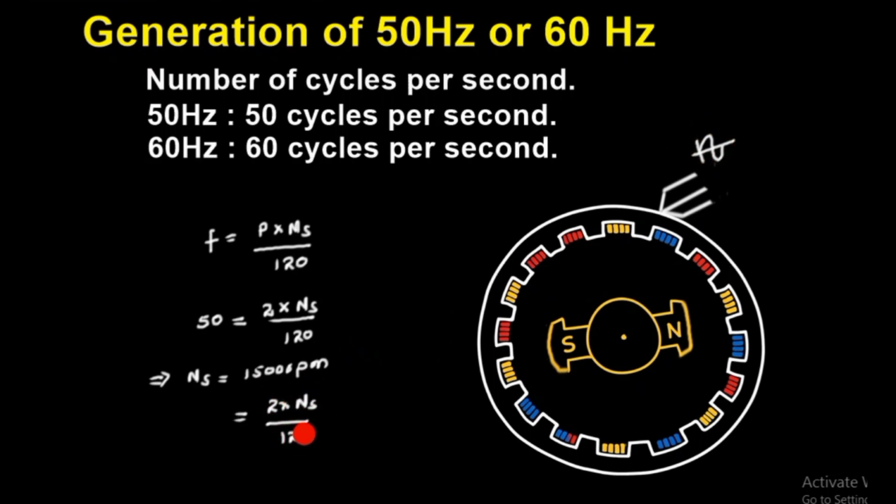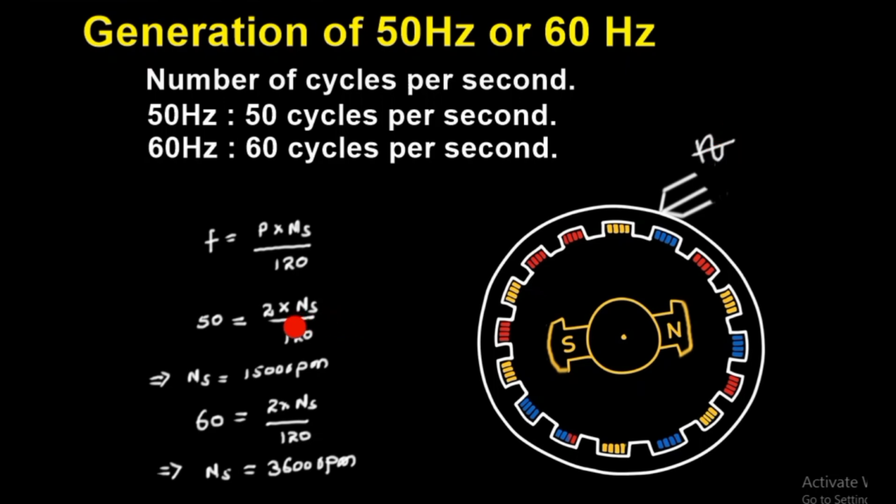Similarly, if you want the frequency to be 60 Hz, solving this for Ns, we get the value of Ns equal to 3600 rpm. So if this rotor is rotated with 3600 rpm, then the frequency of the generated EMF will be 60 Hz.